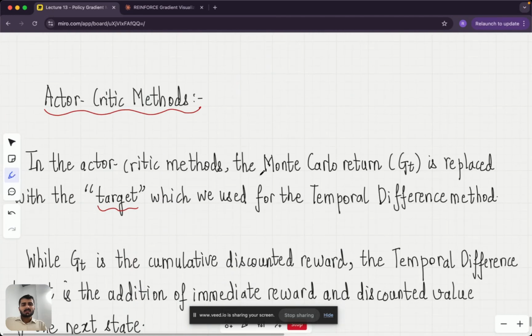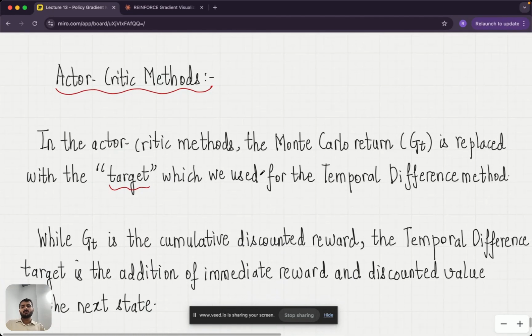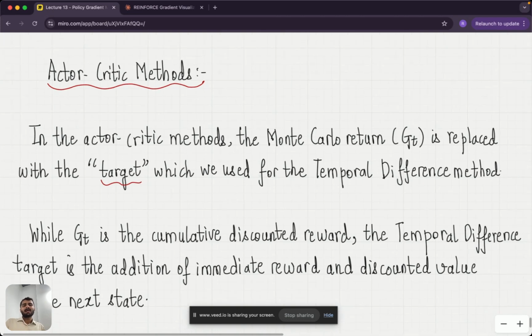Okay, and the last algorithm which we are going to discuss today, which is included in the policy gradient methods, is the actor critic method. So why the name actor critic, and what's the formulation like?